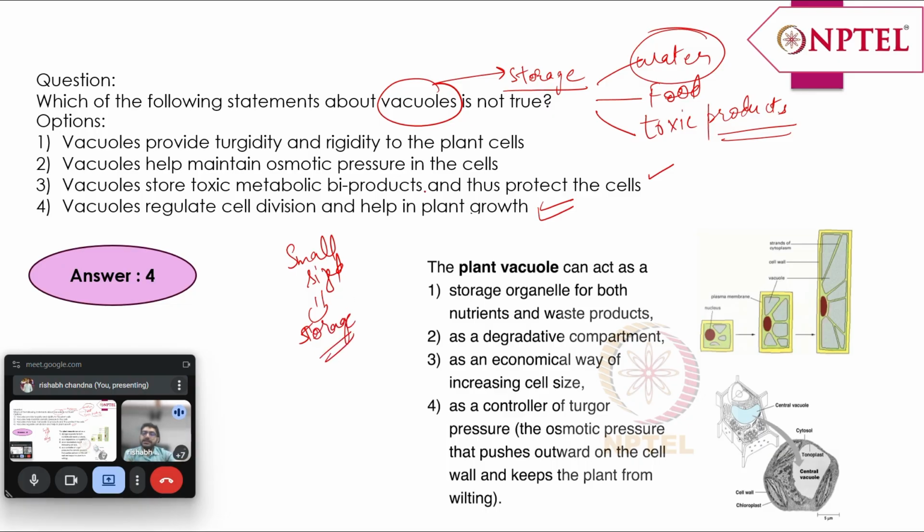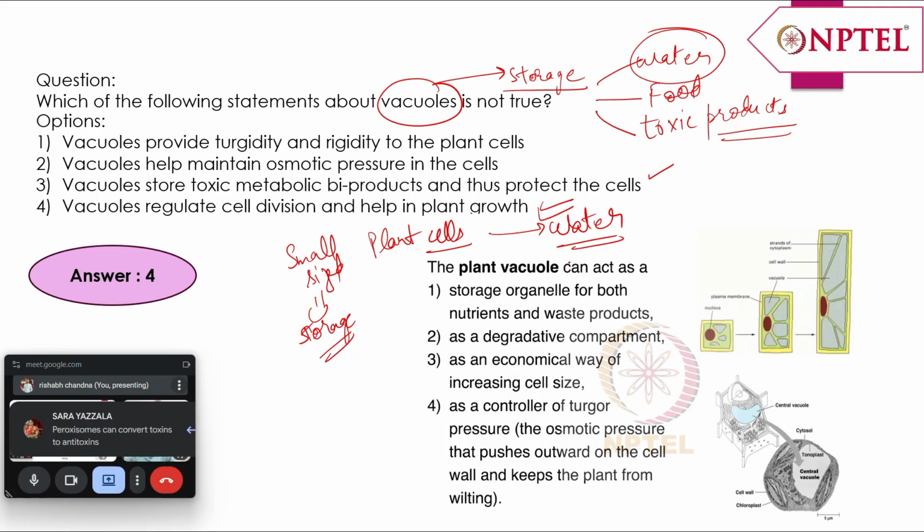In plant cells, vacuoles are more evident, because plant cells need to store water. We'll first discuss this question. Plant cells basically store water.